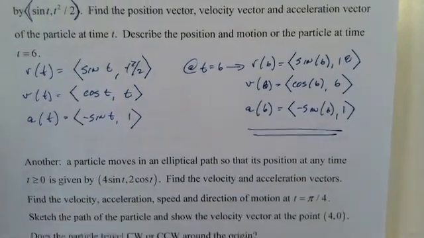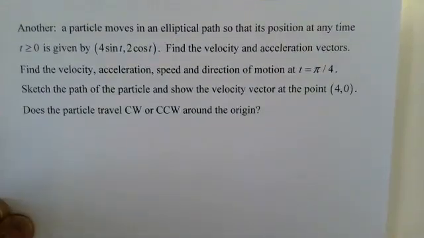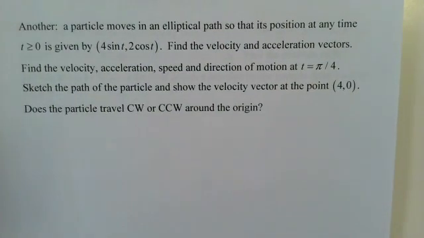Let's do one more here. I should probably have deleted one of these, but what are you going to do? I did delete a couple of these. That's funny. A particle moves in an elliptical path so that its position at any given time is given by this vector. Using the velocity and acceleration vectors, find out what's going on at pi over 4 and sketch the path of the particle.